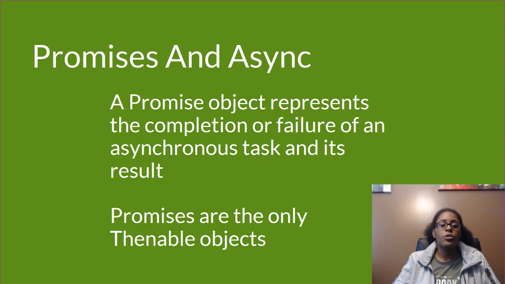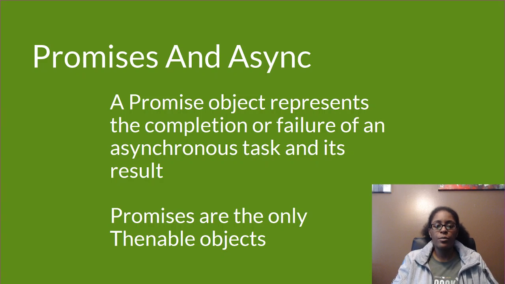Promises are also the only thenable objects in JavaScript. What that means is when you get a result back from a promise, you can chain other promises onto it. Let's say you make a database call and it returns the value that you need.